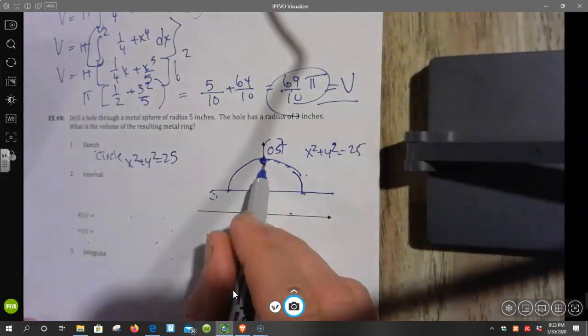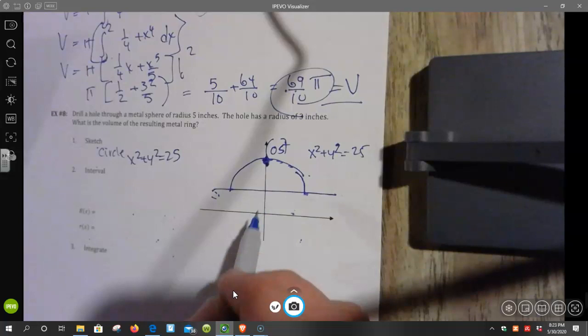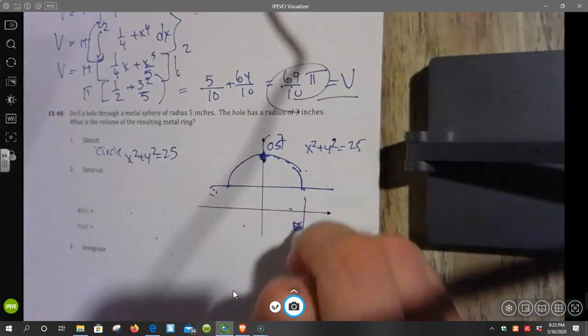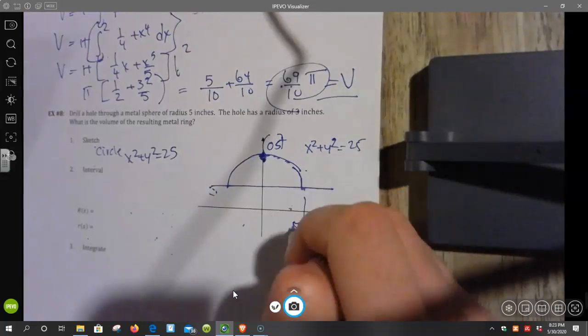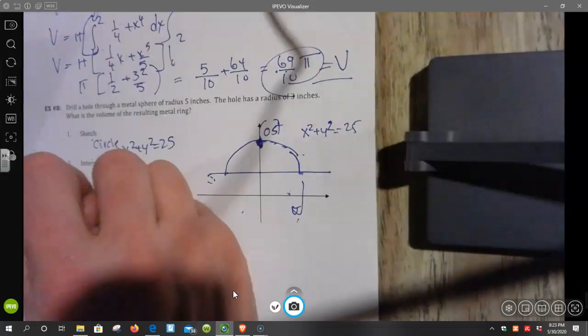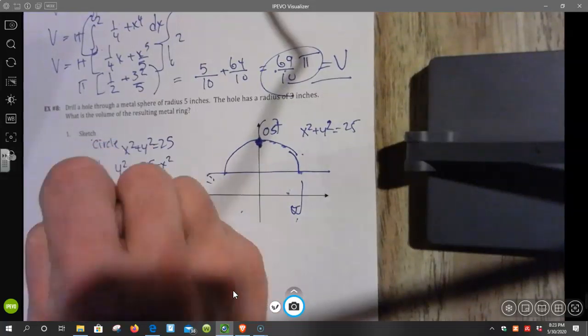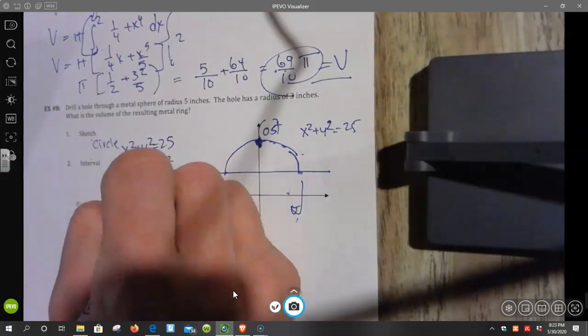Now, I think since we're going around, what axis are we going around? We're going around the x-axis, drill a hole, drill through x-axis. So since we're going this way, around this where the sphere goes, we're going around the x-axis in terms of x. We have to solve for y. So it's going to be y squared equals 25 minus x squared. And we're going to get y is equal to the square root of 25 minus x squared.